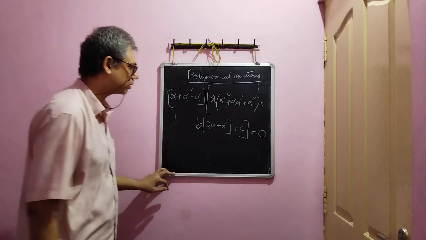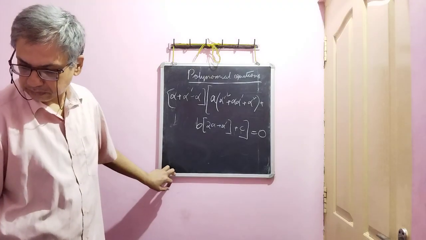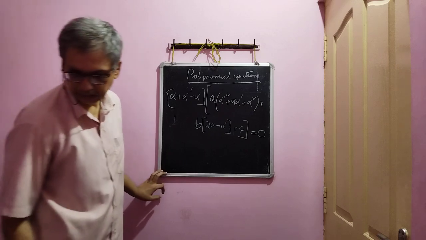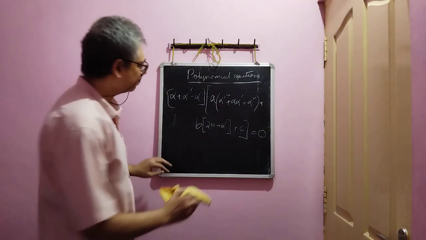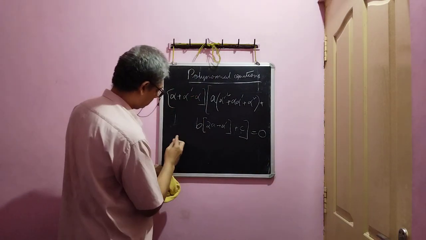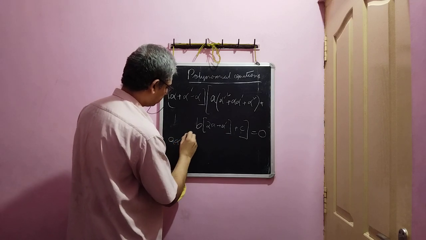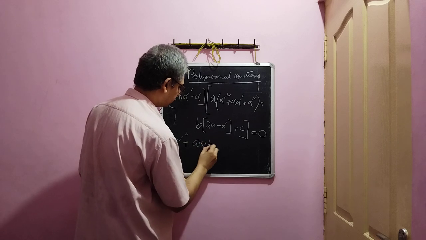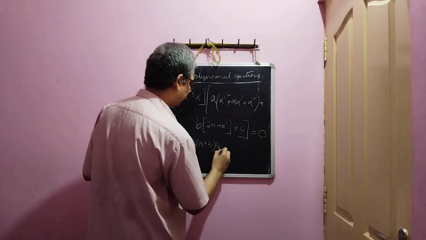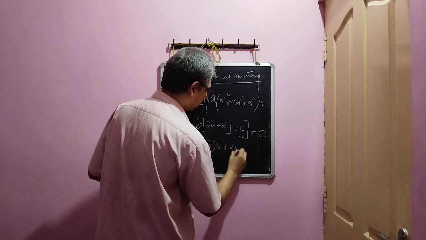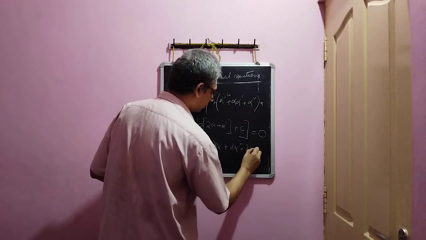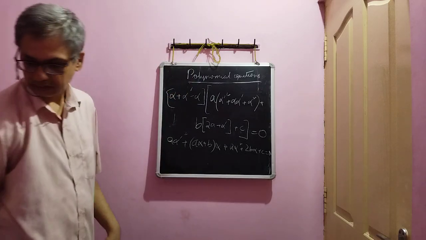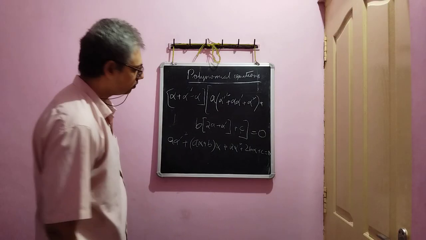Assuming alpha dash is not equal to 0, this gives the following quadratic equation, which is a alpha dash^2 plus (a alpha + b) alpha dash plus a alpha^2 plus 2b alpha plus c equal to 0.